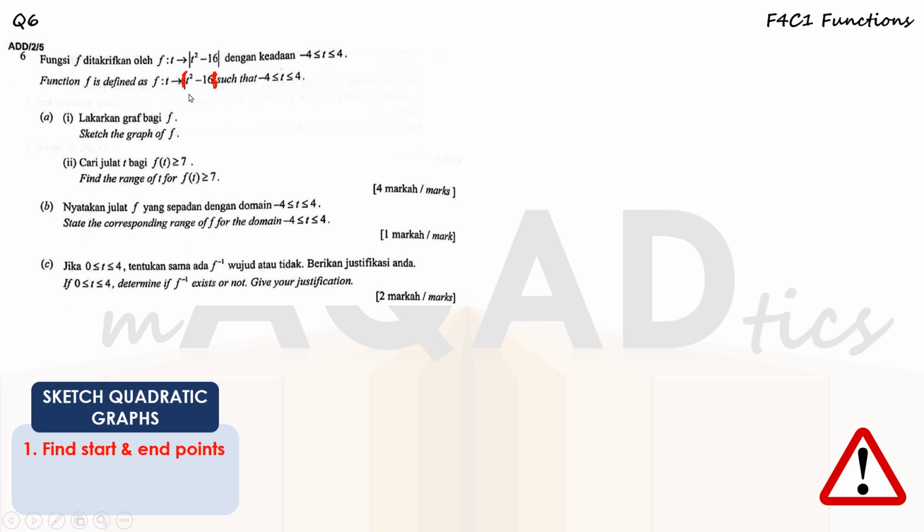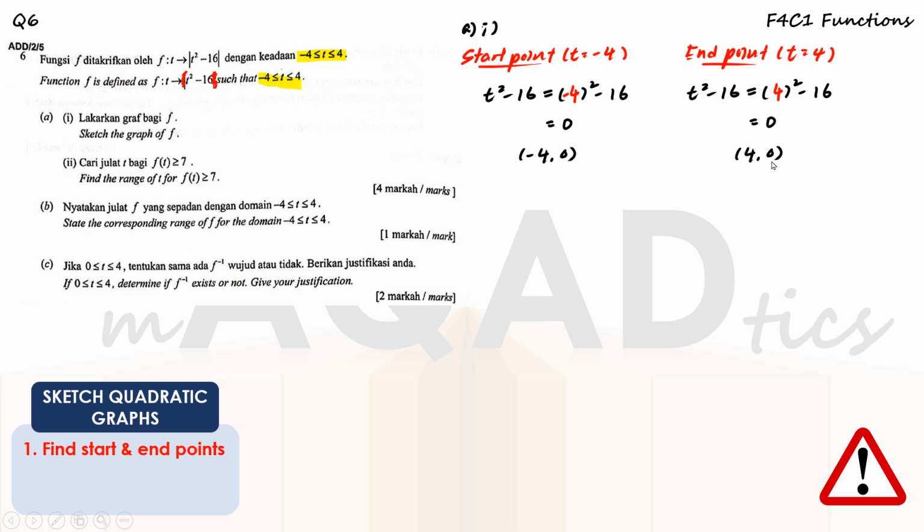So we know that this graph starts with t equals -4. So let's find out the coordinates first, right? We just need to substitute t with -4 to get the coordinates, which is (-4, 0). The same goes for the end point as well, which is (4, 0). Okay, so the second thing we need to find is the intercepts, right?